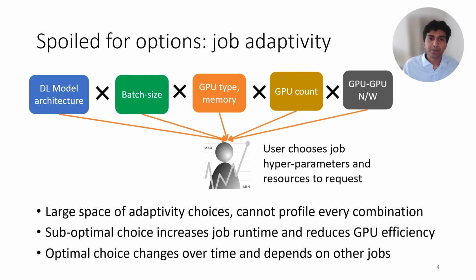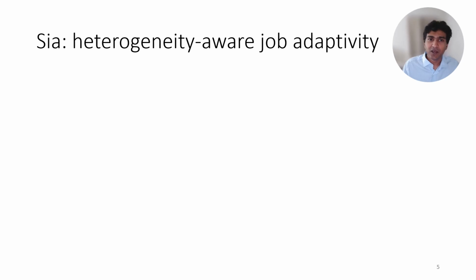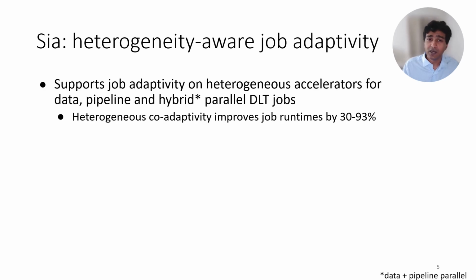Enter SIA. SIA is a goodput-optimized scheduler that supports adaptivity for data parallel DL training jobs on heterogeneous resources. SIA continuously optimizes the number and type of allocated GPUs and the training batch size for each job in the cluster to maximize collective training progress. This improves average job runtimes by 30 to 90% compared to the current state-of-the-art schedulers that address either heterogeneity or job adaptivity, but not both.